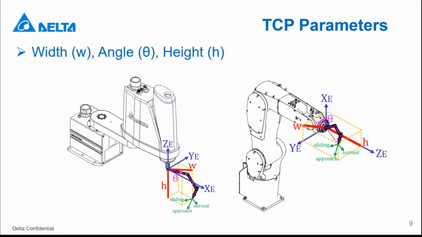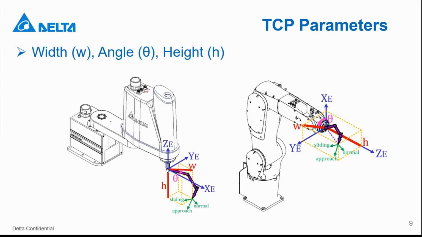So to teach TCP, we have these parameters: the width, the angle, and the height of the tool. So where are these parameters? You can see in these example pictures. Basically the height is the height from the tool tip to the end effector.